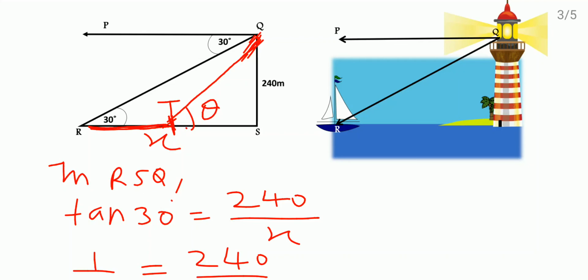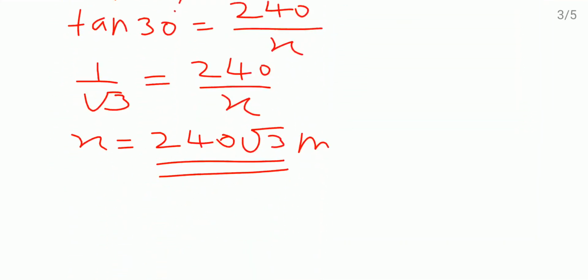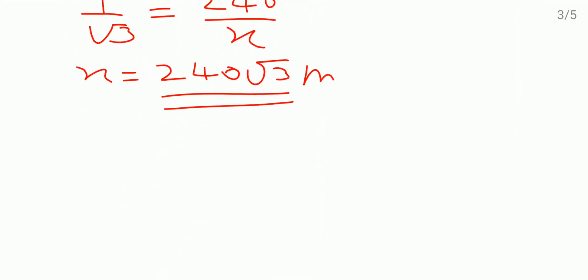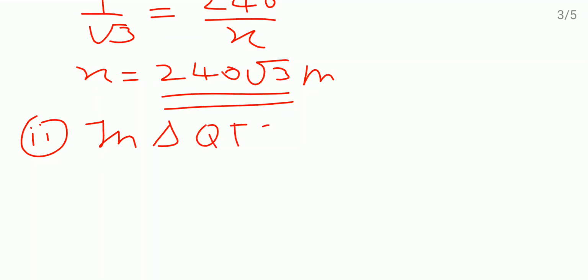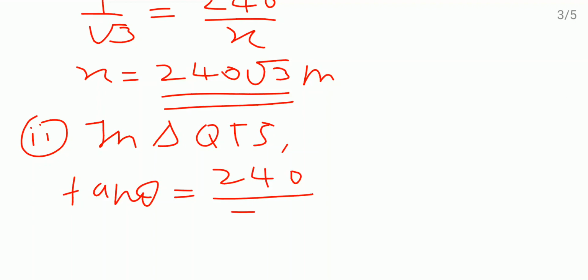So I will write for the second question here. In triangle QTS, we'll take first tan theta, which is equal to 240, that is the opposite side, divided by TS. So we need to find TS.